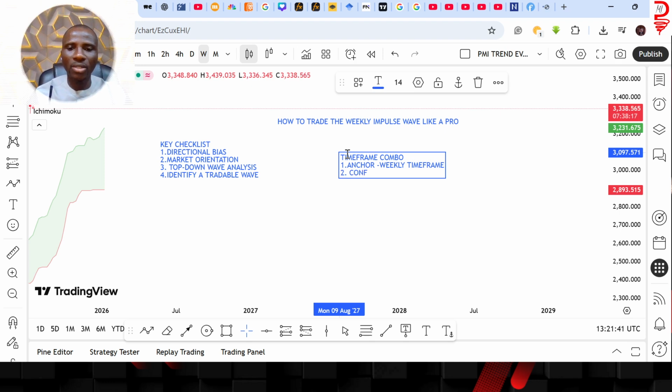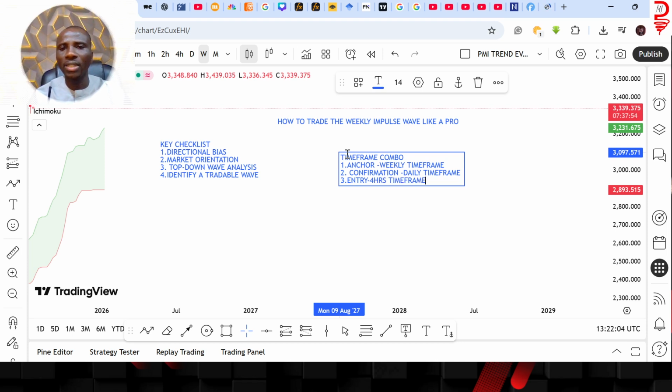Then the confirmation chart is your daily time frame or daily chart, while your entry chart is your 4 hours time frame.